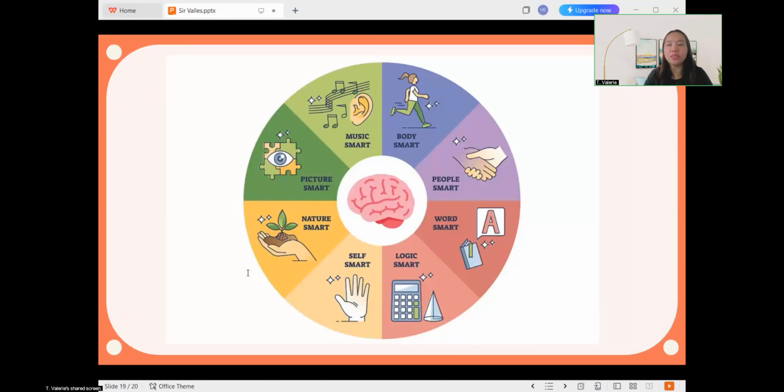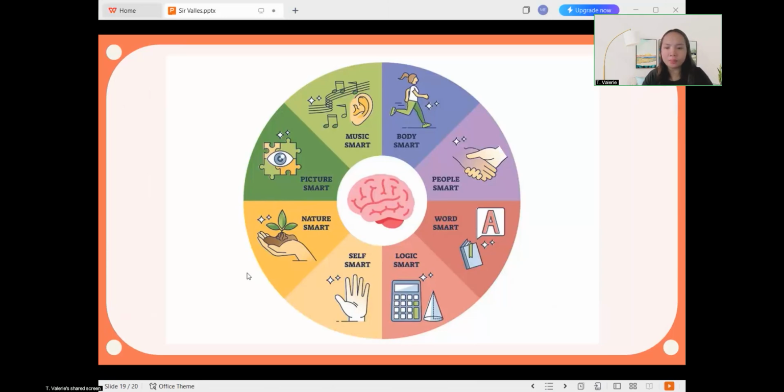Now, let's have the musical intelligence. Musical intelligence is the capacity to discern pitch, rhythm, timbre, and tone. This intelligence enables us to recognize, create, reproduce, and reflect on music. Musical intelligence, meaning they're into music.